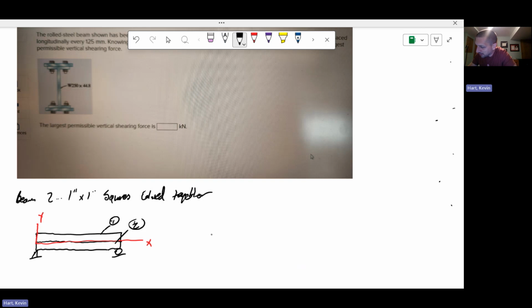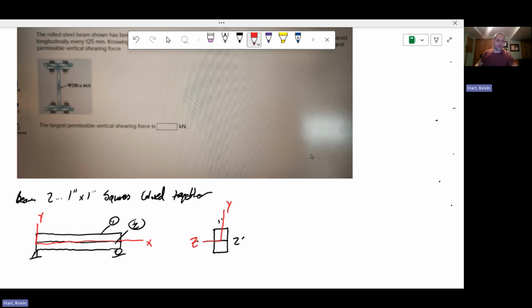So if we're looking at this from the side, it just looks like, pretend those are 1 inch by 1 inch. It's not the best drawing. That's probably a little bit better. Okay, these are 1 inch by 1 inch. This is 2 inch total on the top, 1 inch total here on the side. And we have our coordinate system that will be, in this case, y, z.